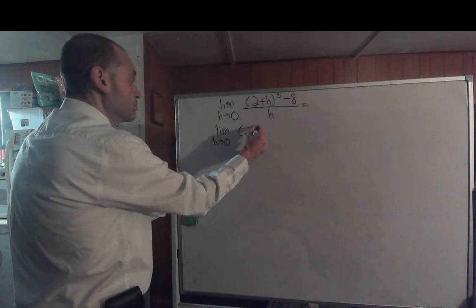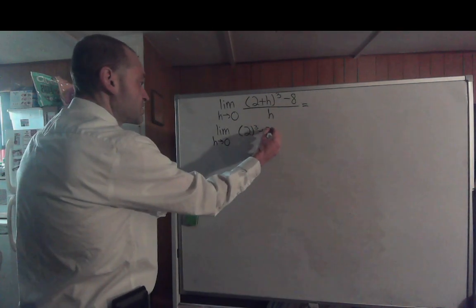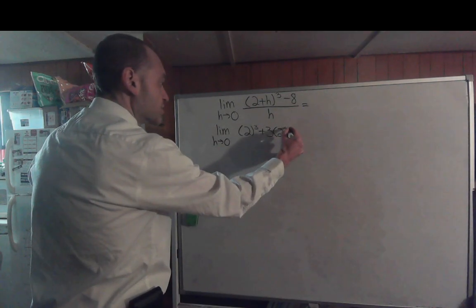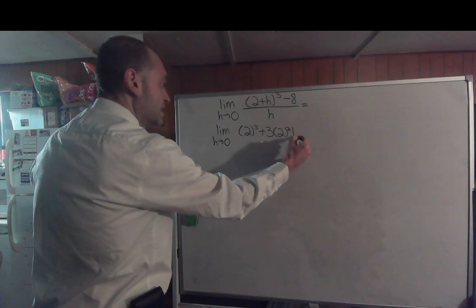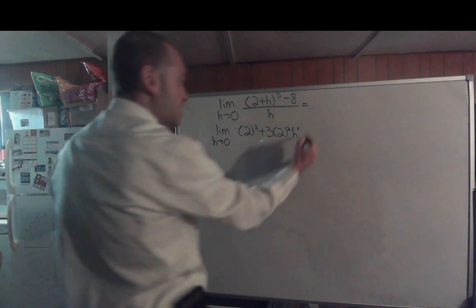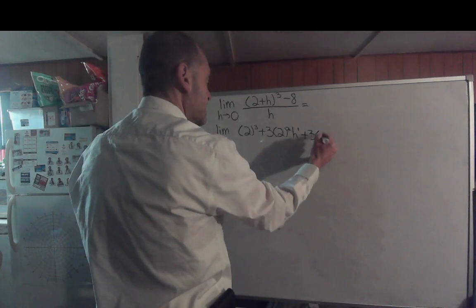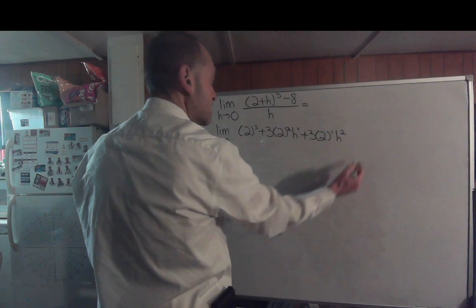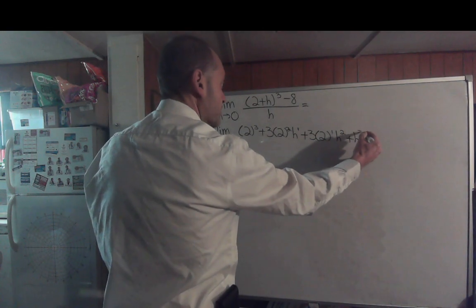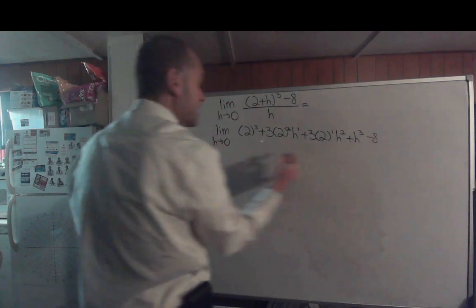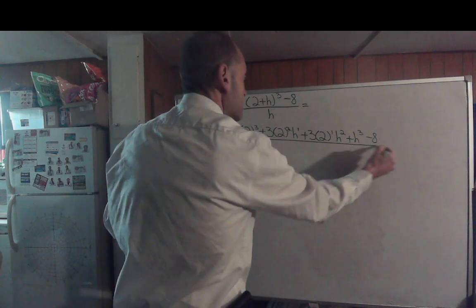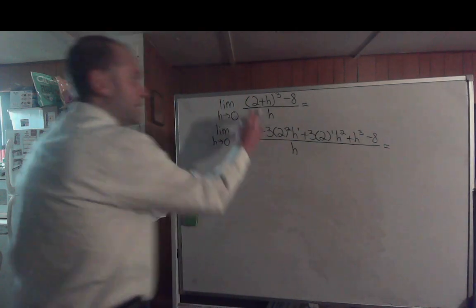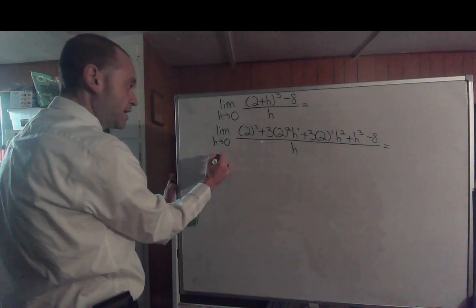So this will turn into the limit as h approaches 0 of, this would definitely start out as 2 cubed plus 3 times 2 squared times h to the first plus 3 times 2 to the first times h to the second plus h to the third, all that minus 8 divided by h. So all I did was I expanded (2 plus h) to the third power.